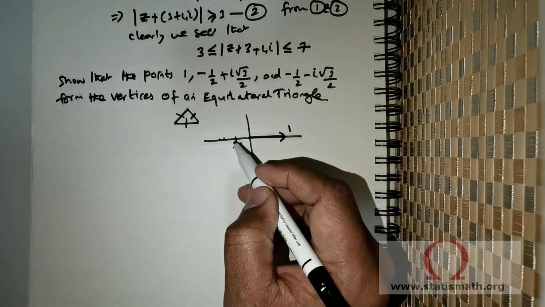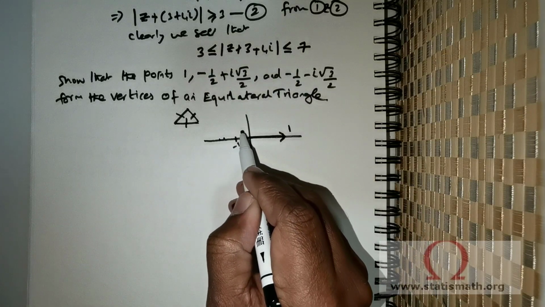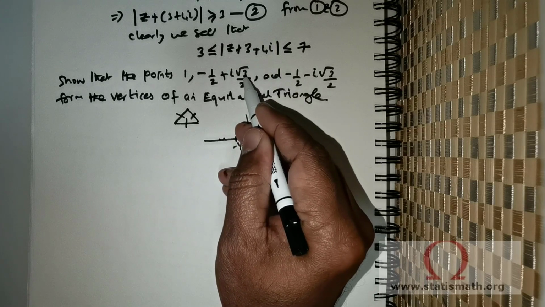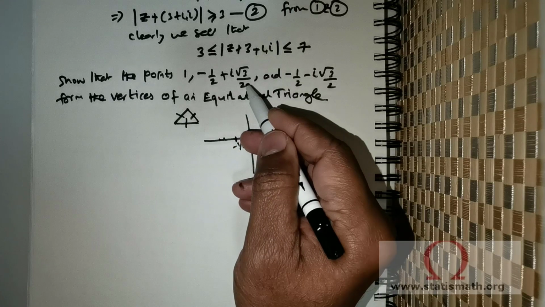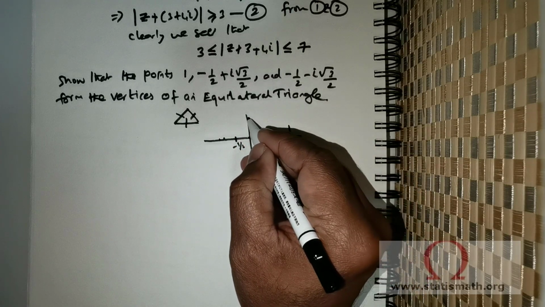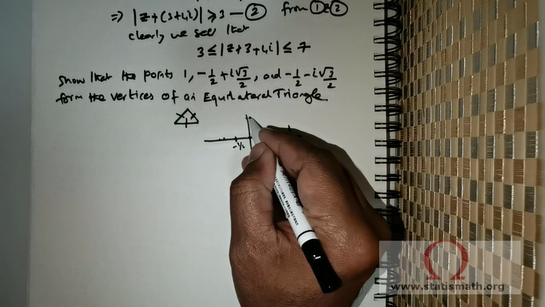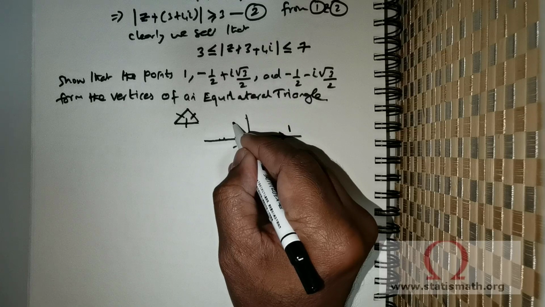So that representation would be somewhere over here, because root 3 is 1.732 and that has to be divided by 2. So that would give you approximately 0.8. If I take this point as 1, 0.8 would be somewhere over here. So this would be the point.